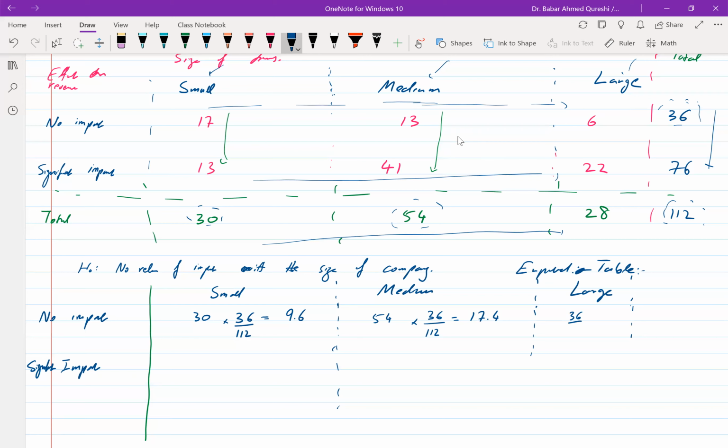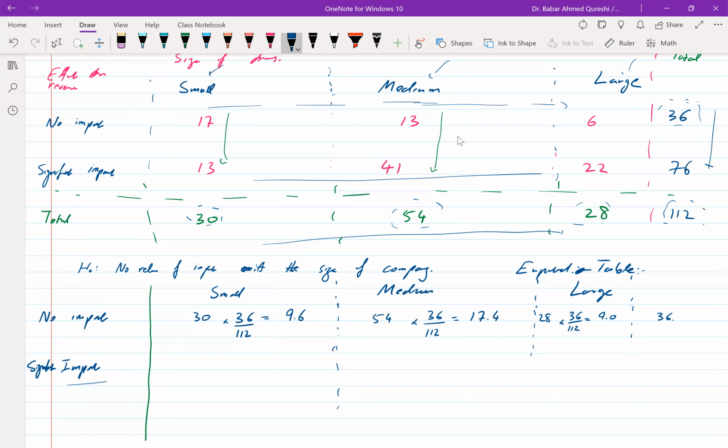Similarly, same probability multiplied by the total large firms I have, 28. So this gives me the number 9. And if I add these numbers, I'll still get 36.